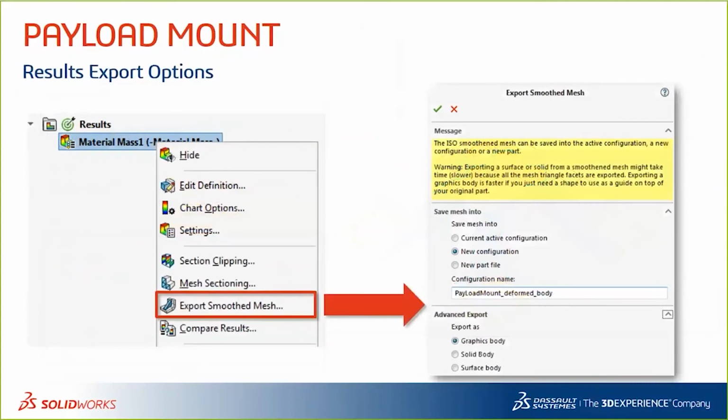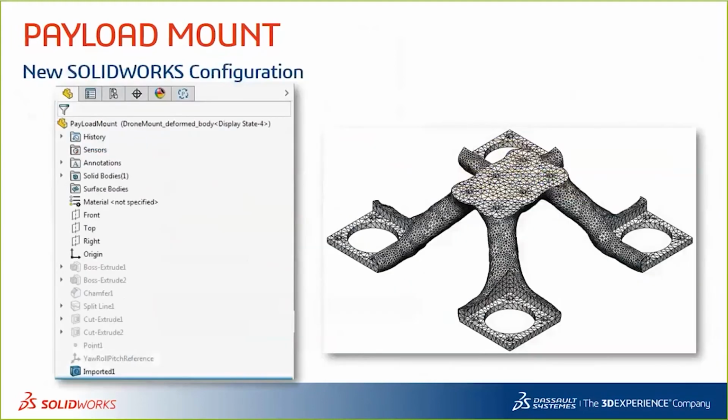Once you're happy with that shape, you can export the model as either a graphics body to use as a template to design over, or you can even export it as a solid body or a surface body. So in this case, we went ahead and imported the generated design, or the optimized design, as a solid body.